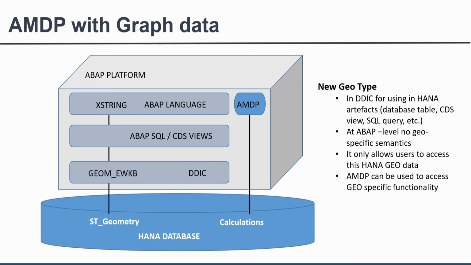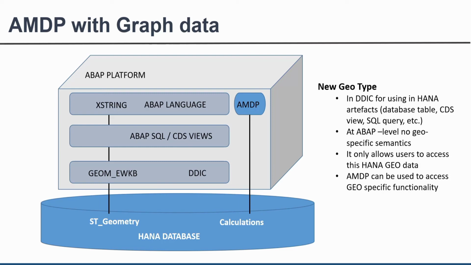The important thing is this data type GEOM_EWKB is used just for allowing front-end systems to use the HANA data type ST_GEOMETRY. So there is no specific semantics added in the ABAP language for GEOM_EWKB, because it will just allow you to expose the HANA data type for the front end.